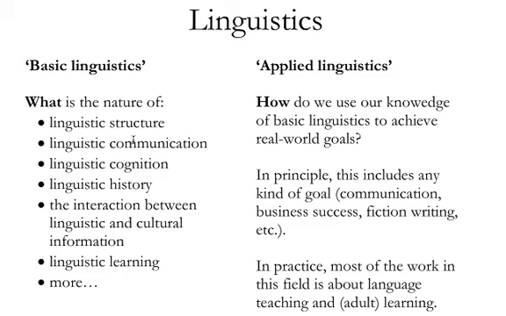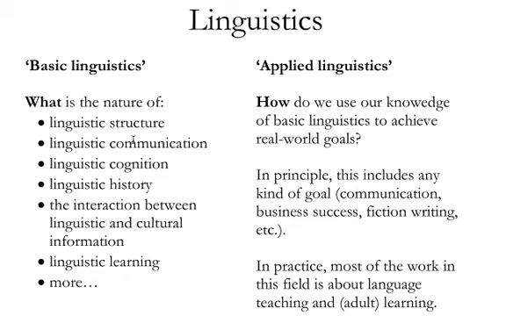Right? What's the nature of the cognition or the mental machinery that we go through to learn and use and know a language? Right? Some basic linguists ask questions about what the history of languages are like. How did this language come to be this way instead of being some other way? We don't have a big focus on that one in our department, but that's definitely part of linguistics.